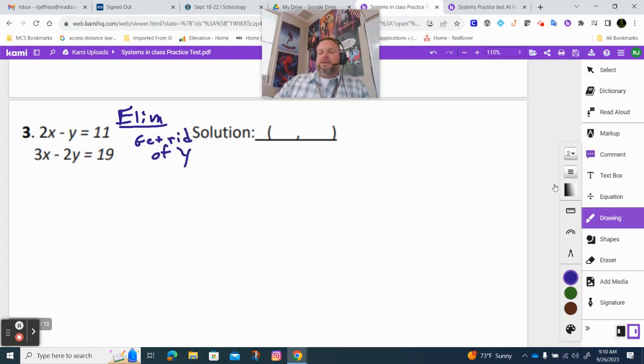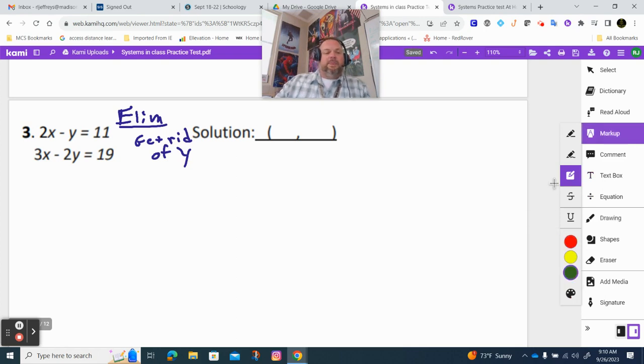The reason why is, usually we look for same terms, different signs. This doesn't have it. This is a 2, this is a 3. After that, I look for multiples, like least common multiple. And I know I can multiply negative y by something to be a positive.